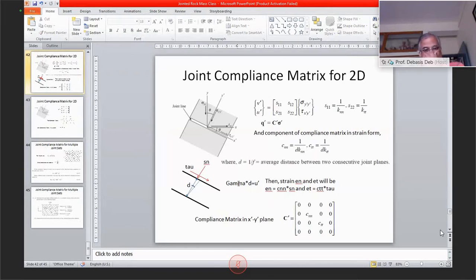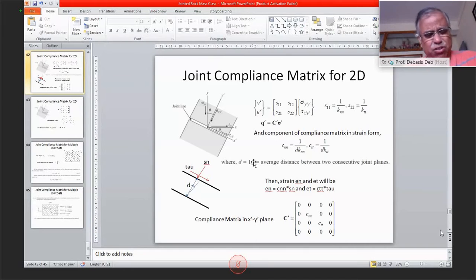Okay. So now how can we measure D? D can be measured by tape. You go to the field and measure with a tape, or you calculate it again with respect to F. In 1 meter, how many joints are there? So D is basically 1 by F, or the average distance between two consecutive joint planes.